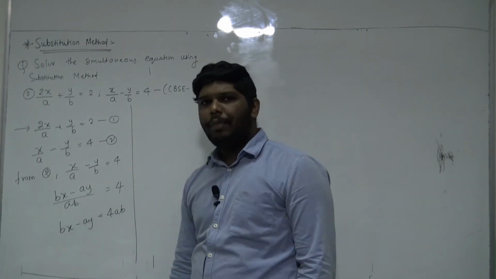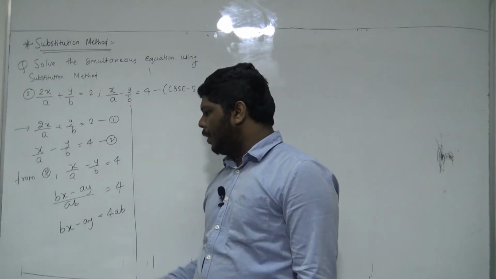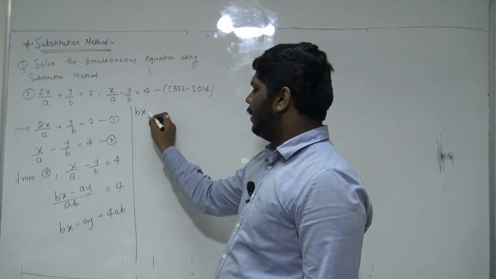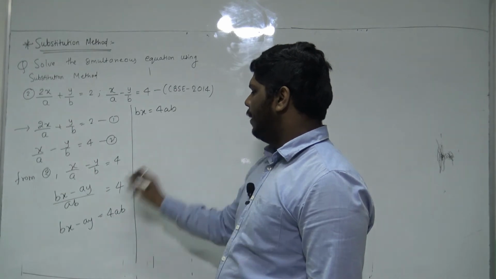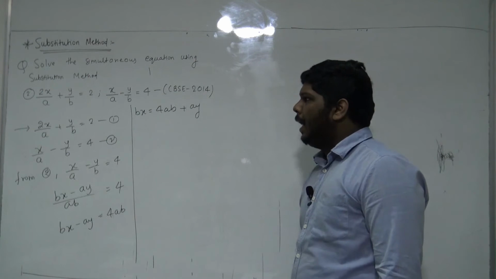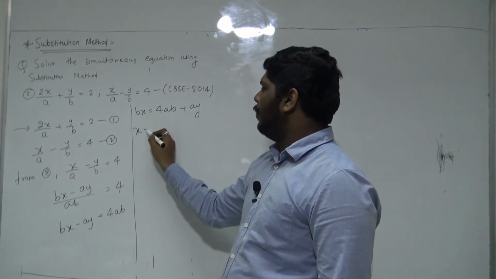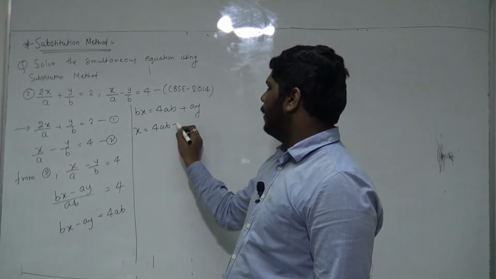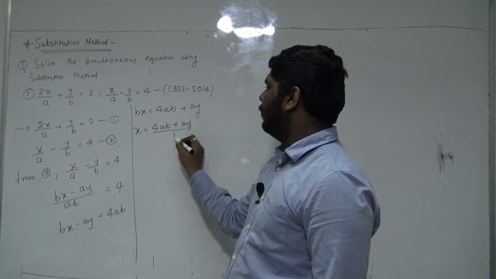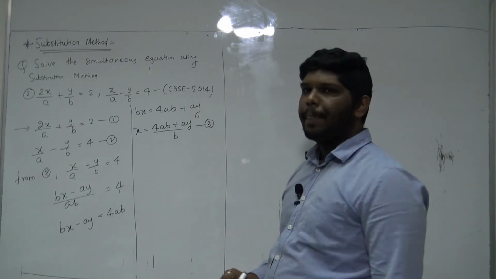We need x on the left hand side, so minus ay, if I transfer it on the right hand side, I will get bx is equal to 4ab plus ay, right? And now this b is extra, so if I transfer it there, it will be divided. So value of x will be 4ab plus ay upon b, and this we are going to call it as equation number 3, correct?